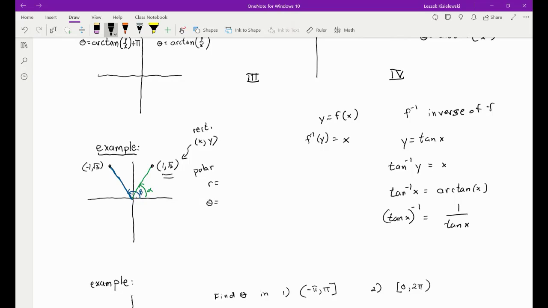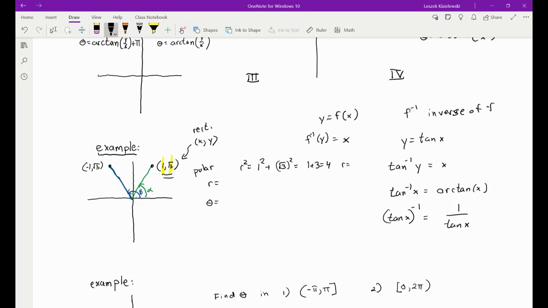Well, for our first point, let's do r. We know that r squared is the same as x squared plus y squared. So r squared equals 4.